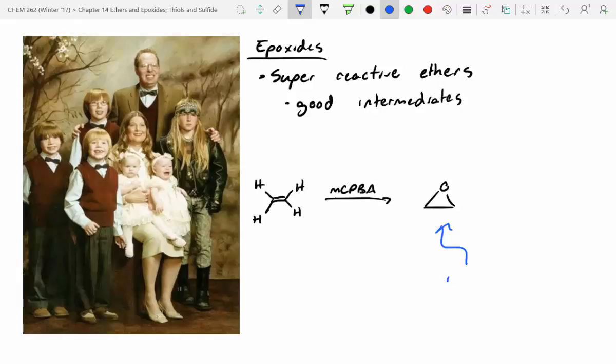So this is unstable due to ring strain. But the nice thing with it is it's stable enough to isolate. So you can actually isolate an epoxide, carry it on to your next step, and then have it react with your next nucleophile.